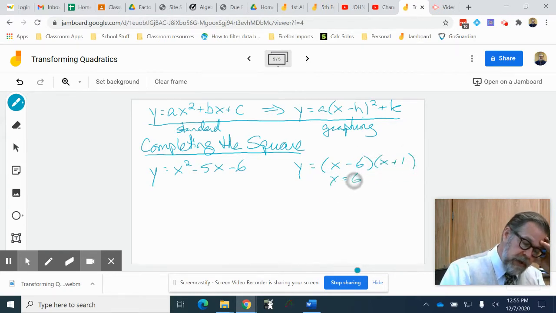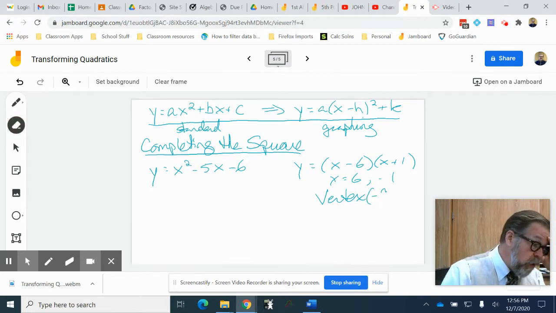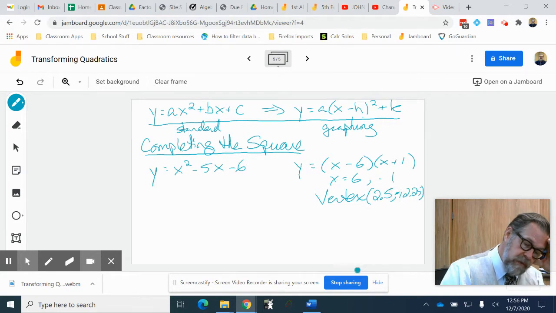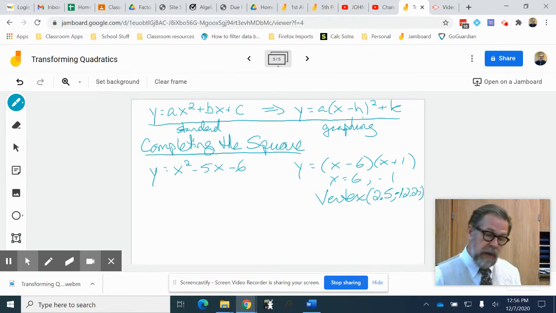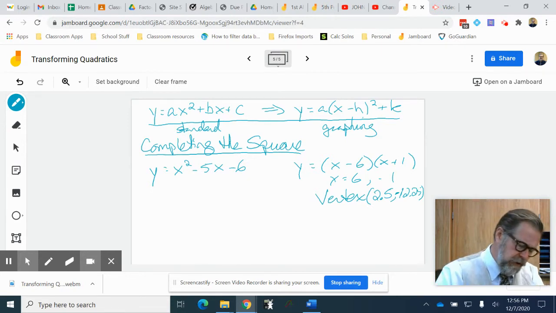This gives me x-intercepts of 6 and negative 1, which means that the vertex is at x equals 2.5. And if I plug 2.5 back into the equation, I get negative 12.25. So the vertex is at 2.5 comma negative 12.25. And that's going to be useful to confirm that what we did is okay.